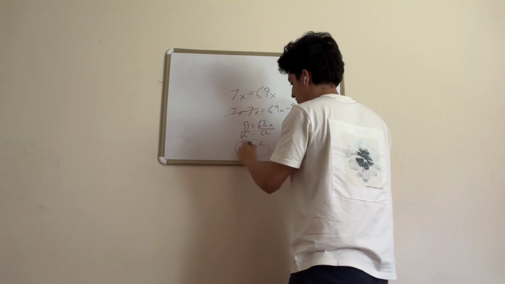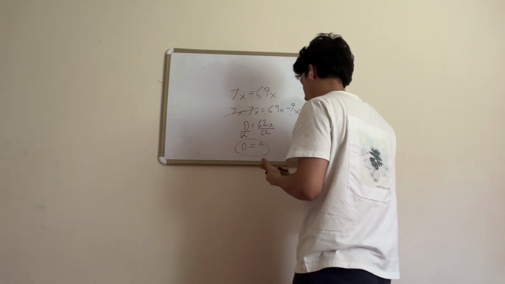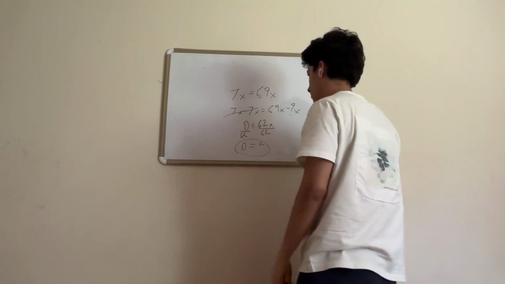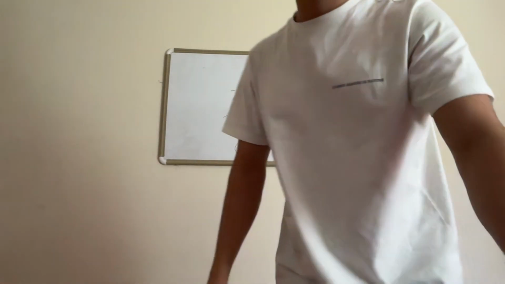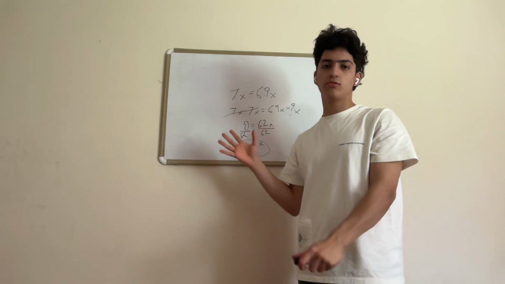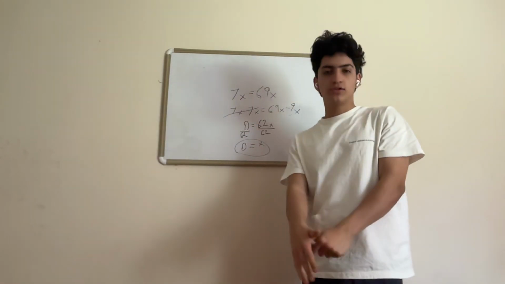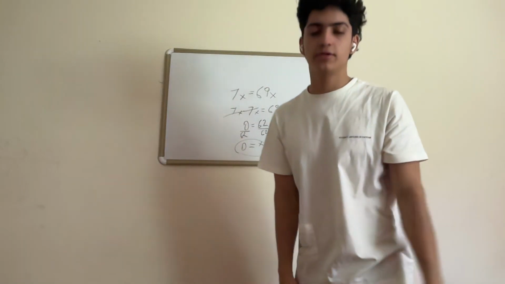So x is 0. Right? There you go. Now, I'm gonna put another example. But basically the thing here is, if you have the variable on both sides, you gotta combine them first, and then once you combine them, you can actually solve it.